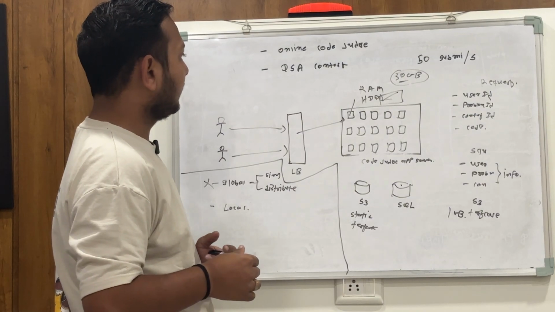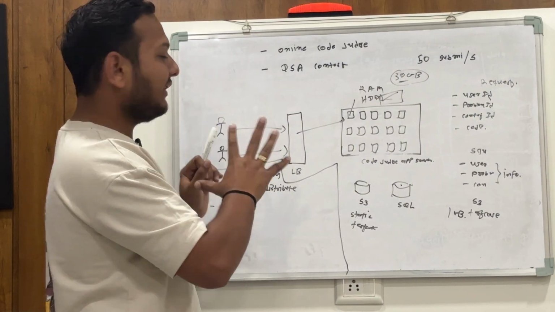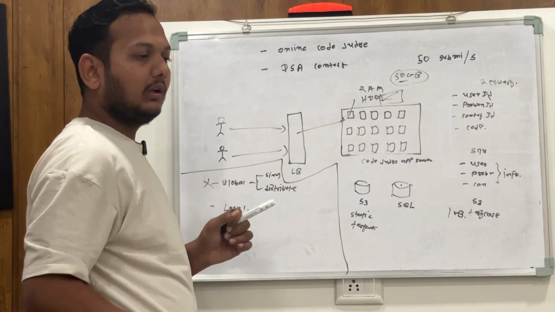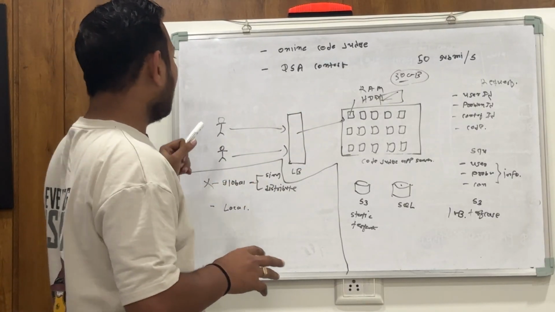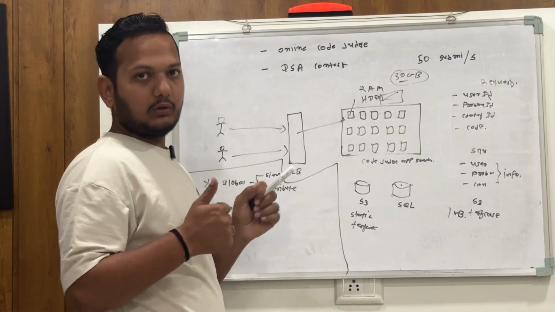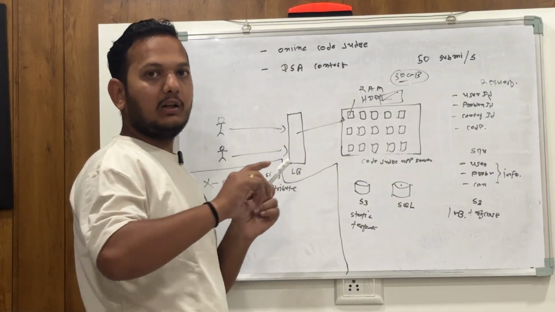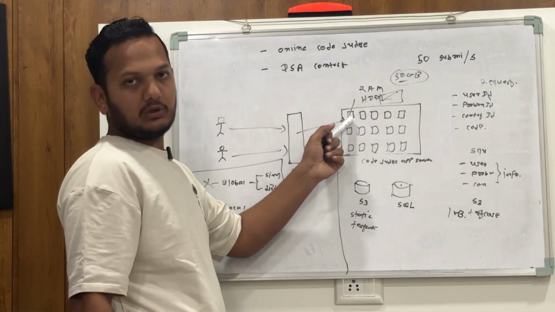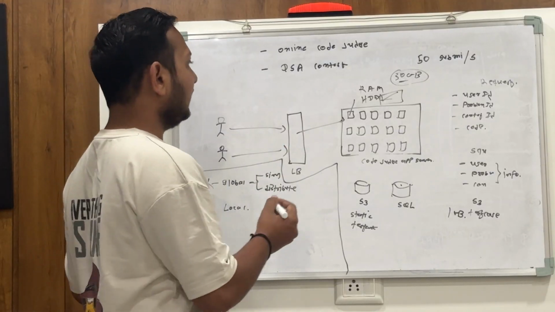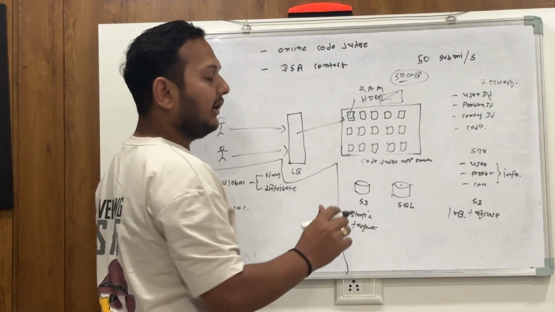Now let's take an example of how the request will actually flow. Whenever a user requests submission of the code, the request comes to the load balancer, and the load balancer transfers the request to one of the app servers, right? Now the app server will check if the test case file is present on the app server.